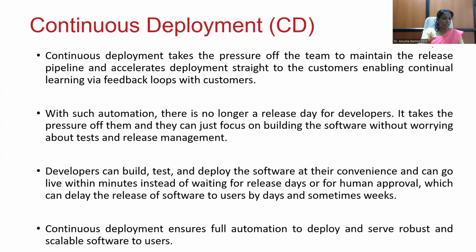So this continuous delivery and deployment is used to test in a production-like environment. Then it automatically releases the code, and after that we can check whether the code is working properly or not. So this is called continuous integration, development, and deployment.